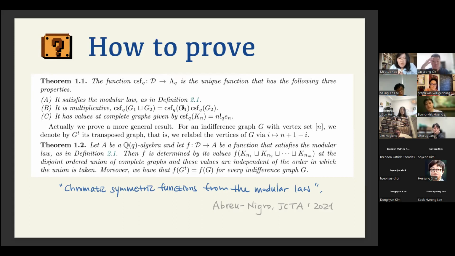If your graph is a union of 2 graphs, then the function should be the product of the 2 functions. And the third one is about the complete graph: for the complete graph case, the function value should be this one. So we prove the theorem by showing that our polynomial, our expansion, including this root polynomial, satisfies these three conditions.